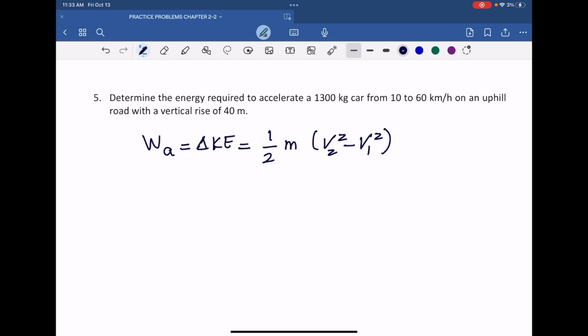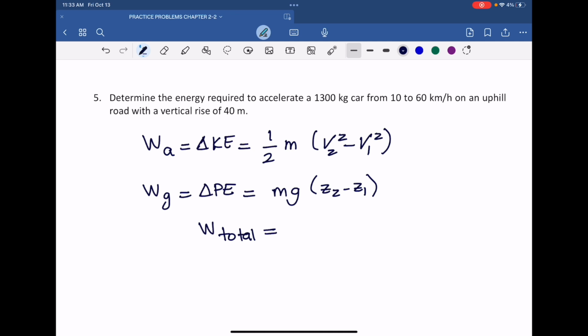And also we need to calculate work to raise an object, which is the change in its potential energy, and that is mg delta z, or z2 minus z1. So we need to calculate these and then sum them up to find the total work or total energy required in this situation.